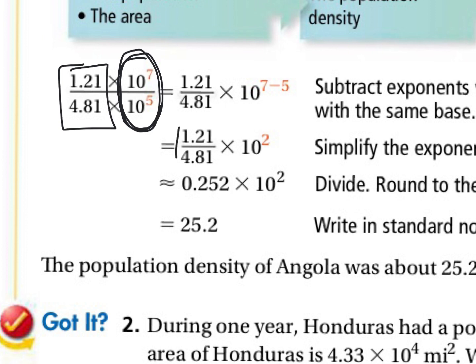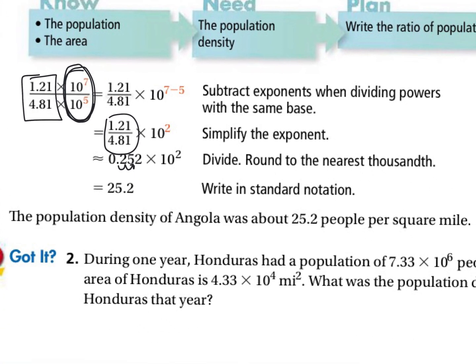If you divide this out, it comes out to be about 0.252 times 10 to the 2nd power. Every time we multiply by 10 moves the decimal 1 spot to the right. So this is kind of like just multiplying by 100 is what we're doing basically. And so that would be 25.2 people per square mile.